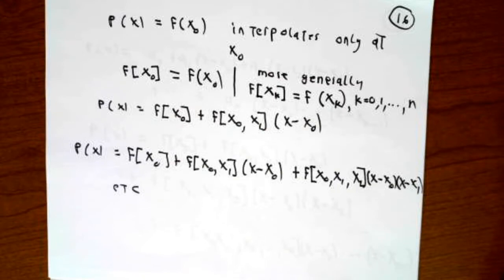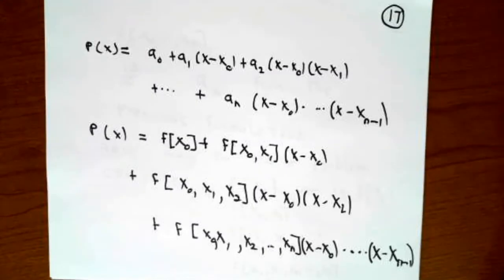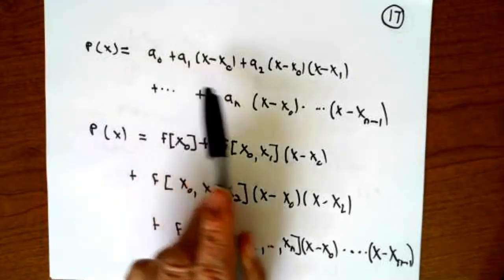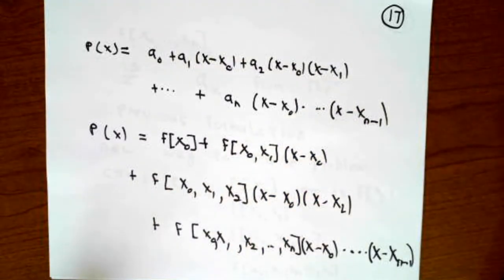Once again, nothing much has been done yet. This is just terminology at the moment. We had started off speaking of these coefficients of these various products of linear factors as being a0, a1 out to an.